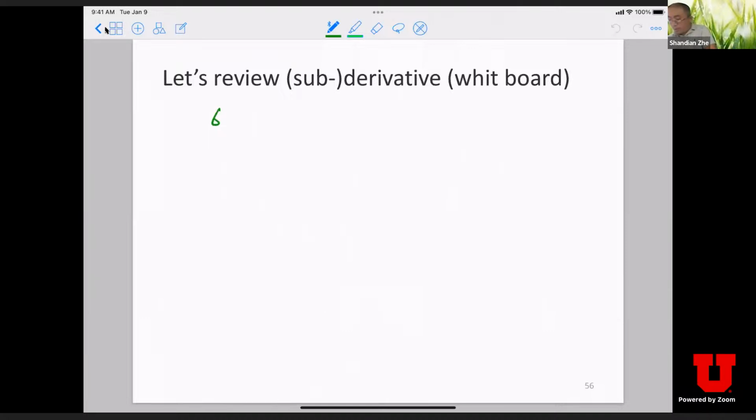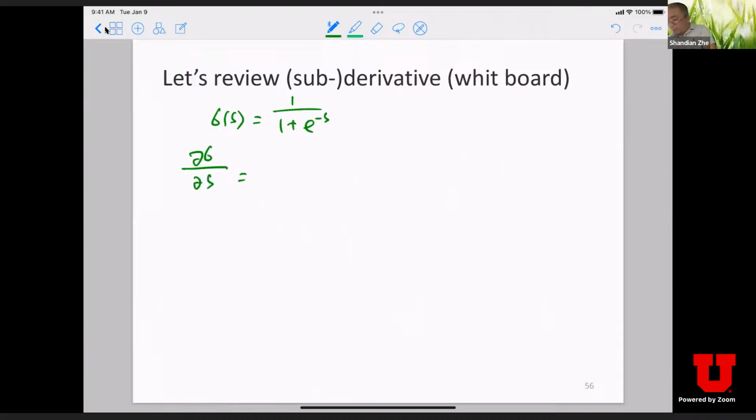So let us assume our activation function is a sigmoid function, which is 1 over 1 plus e to the power of minus s. If you want to compute the partial derivative of sigma over partial s, just apply the rule.